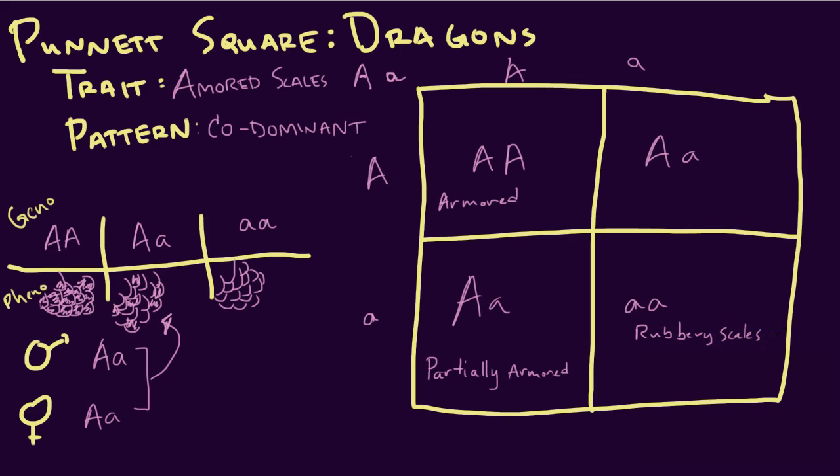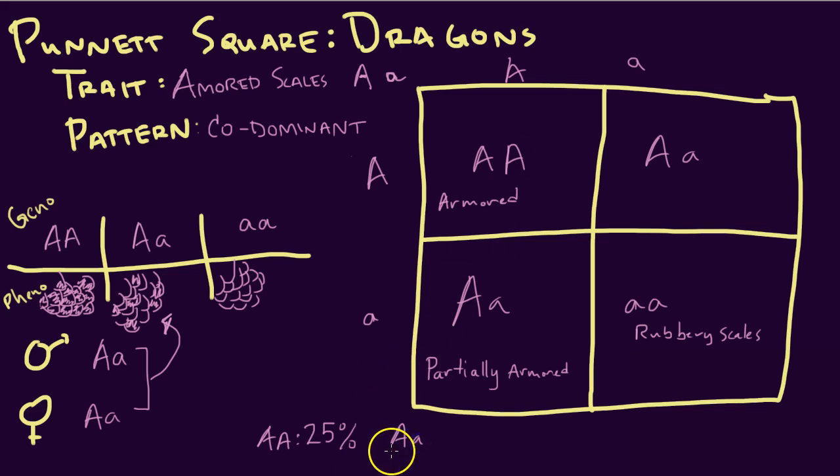Okay, so if these two parents decided to have a child dragon, a baby dragon, then the chances of them having armored scales and being very safe from the humans that they're trying to terrorize is actually going to be a 1 in 4 chance. So that means we've got a 25% chance that their child is going to have armored scales.